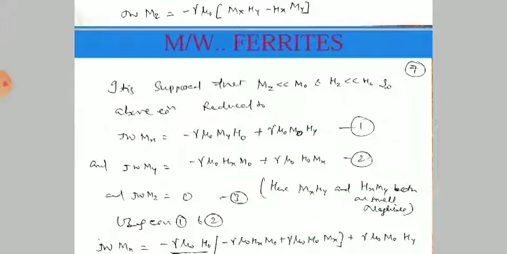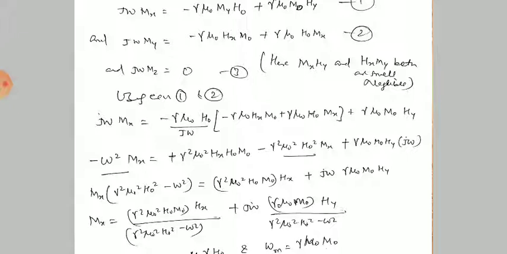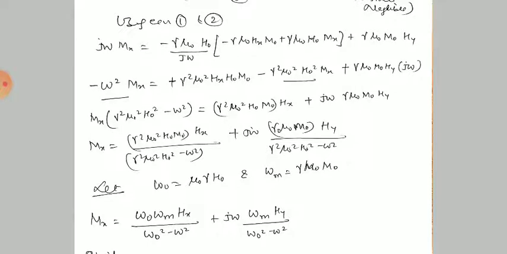So on intermixing the equations we can write Mx like this: gamma square mu0 H0 M0 Hx divided by (gamma square mu0 square H0 square minus omega square), plus j omega gamma mu0 M0 Hy divided by (gamma square mu0 square H0 square minus omega square).